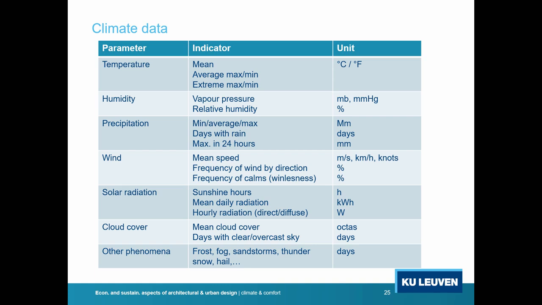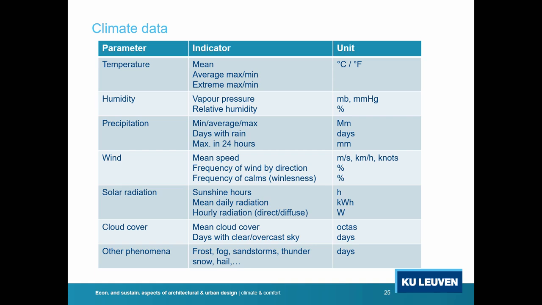But typically that radiation is scattered in the atmosphere and indirectly reaches us. So it's scattered radiation through these clouds that are in the atmosphere. So the more cloudy it is, the less direct radiation you have and the more diffuse radiation you have. So if you have information about the direct and diffuse radiation, you can learn if it's a cloudy environment or if it's typically blue sky in that environment.